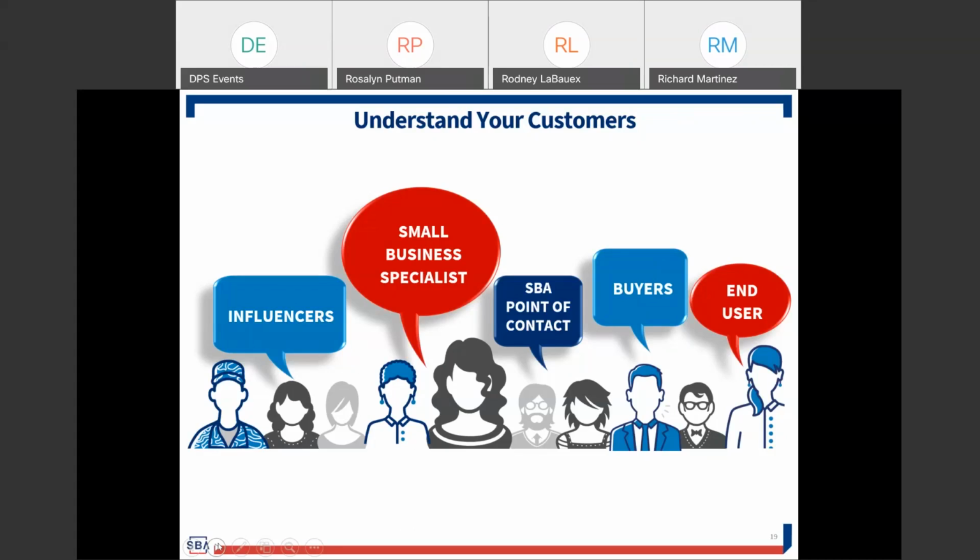Your SBA points of contact would be your business opportunity specialists, people like myself, and your PCRs, procurement center representatives, who are assigned to respective agencies and are advocates for small businesses. And then your buyers, those are the contracting officers. And your end user is the customer, which is the staff who uses the service or product.